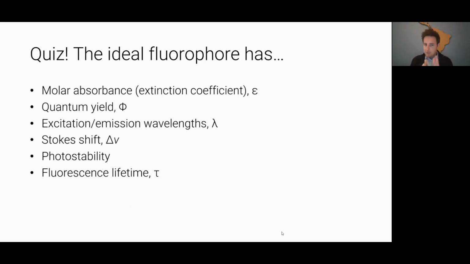So again, we need an optimal fluorescent lifetime, not too short, but also not too long, because if the electron is too long in the excited state, there are other quenching processes that could cause deactivation of that electron before we get the manifestation of fluorescence. And depending on your application, whether you're doing live cell imaging or whatever the case might be, things like solubility, permeability, reactivity are going to be important as well.